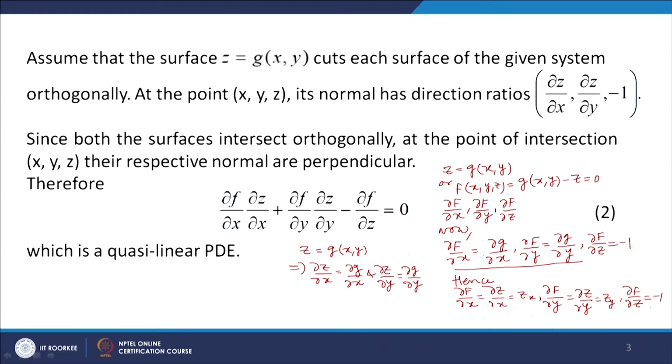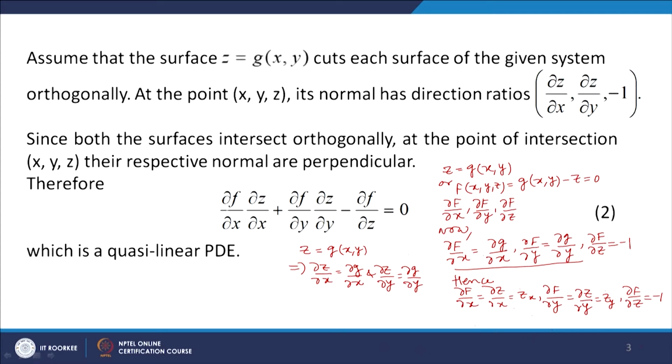Now let us look at this equation. Since both the surfaces z = g(x, y) and the given surface intersect orthogonally at the point of intersection (x, y, z), their respective normals are perpendicular.